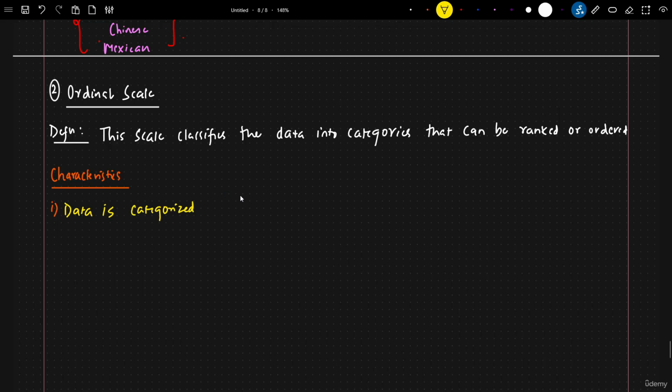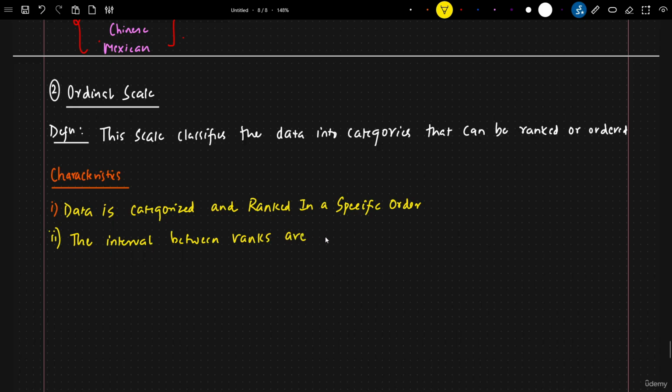Again, it is categorical data and ranked in a specific order. The second characteristic is that the interval between ranks is not necessarily equal.